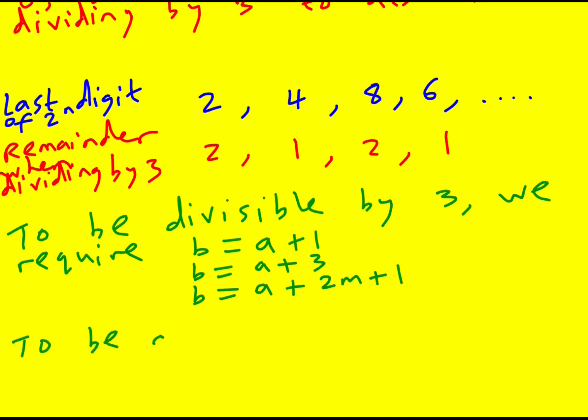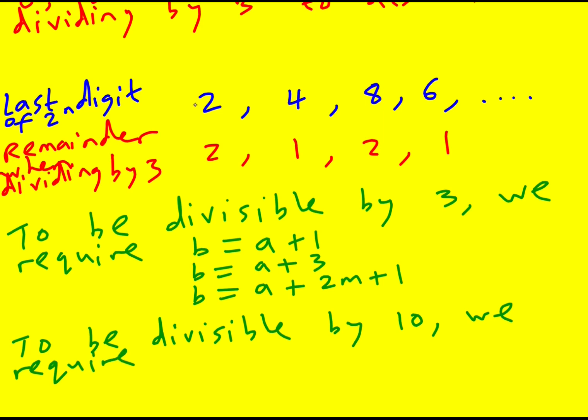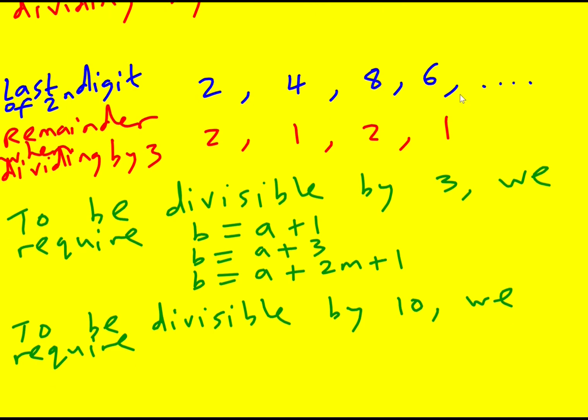To be divisible by 10, well, I either need 2 plus 8, or I need 4 plus 6. Those are the only ways it's going to work.